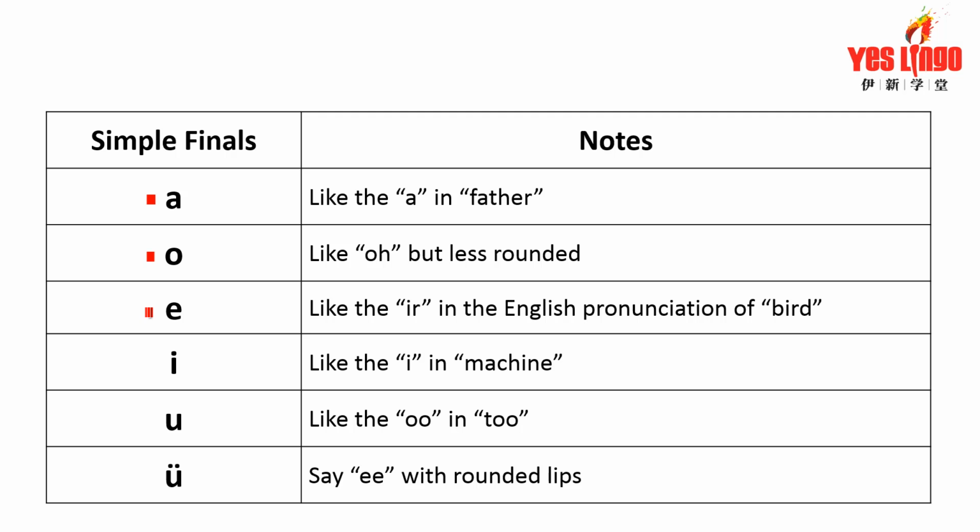Good. The next final is this one. This is pretty easy to remember. Now be careful, we don't say I. Instead, it sounds like E, much like the sound in machine. While we're pronouncing these vowels, don't make any inflections with your voice.